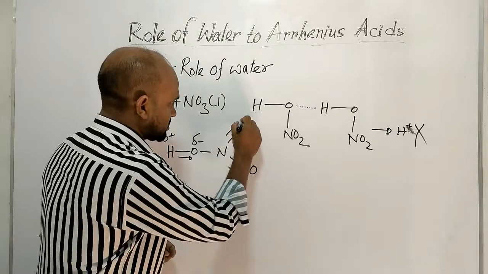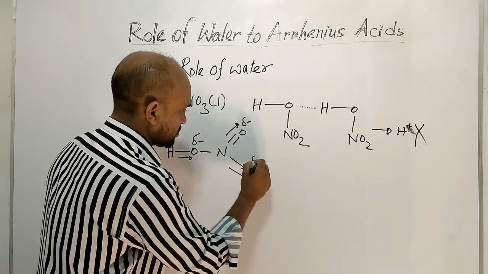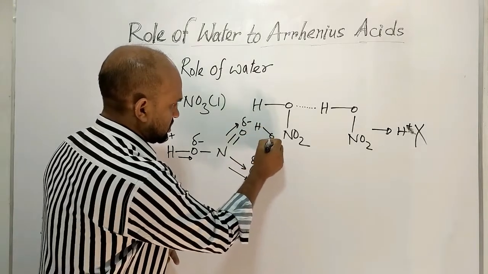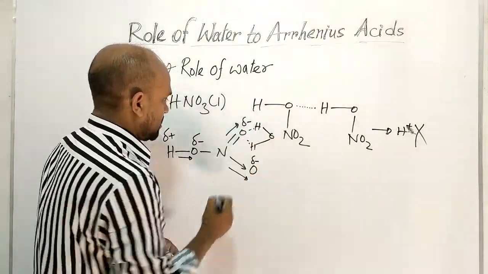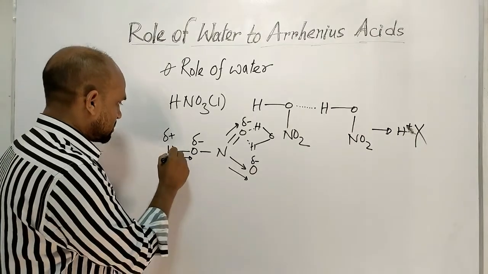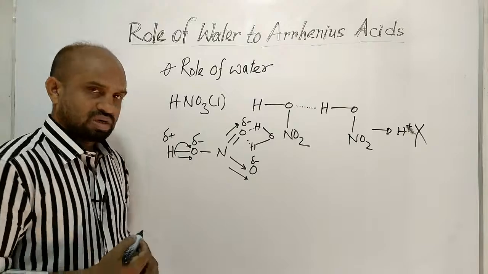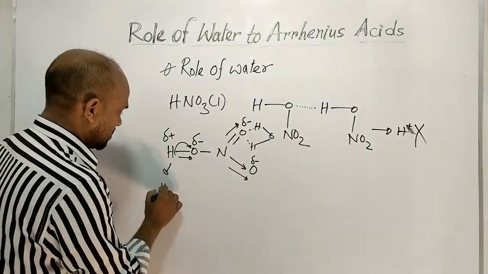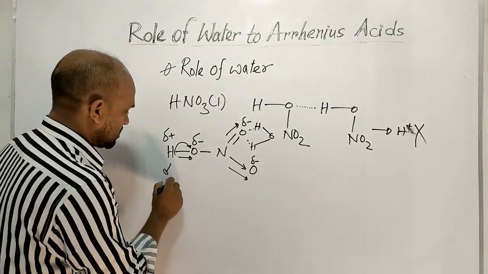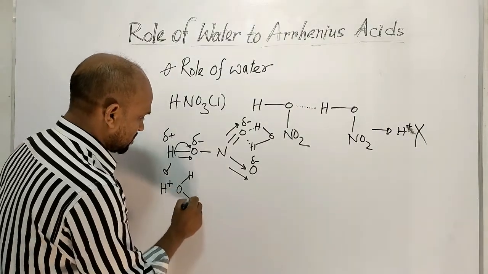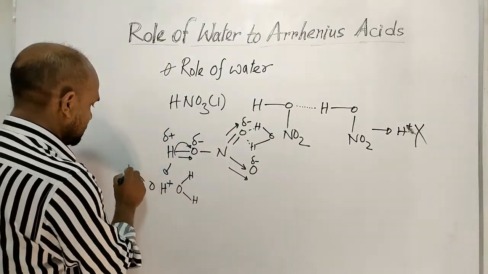This negatively charged oxygen atom is attacked by water molecule in this way. At one stage, this hydrogen-oxygen bond undergoes heterolytic fission and proton is removed, which is surrounded by water with its negative end.